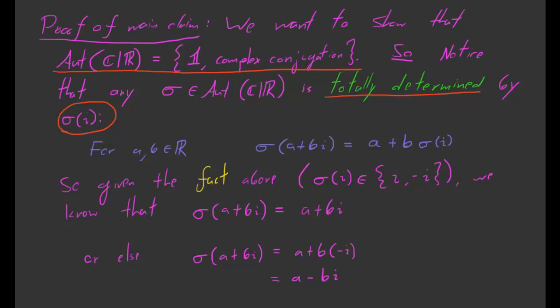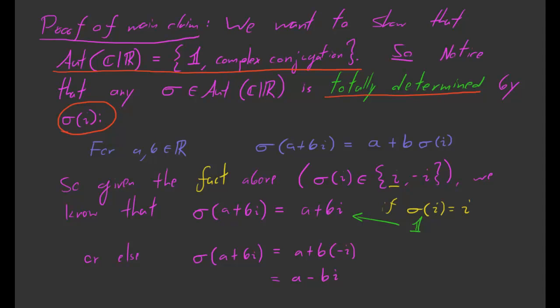Okay, so given that we know that sigma of i is either i or negative i, we know what sigma of a plus bi has to be. On one hand, if sigma of i is equal to i, then sigma of a plus bi is equal to a plus bi. And this function, the function that we get out of this possibility, is just the identity.